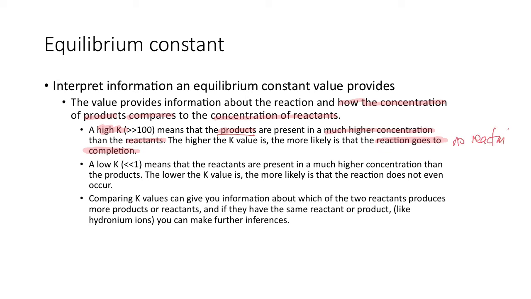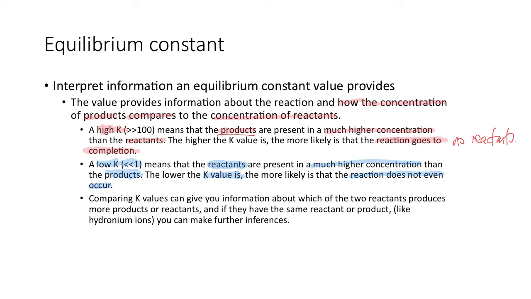A low K value means that the reactants are present in a much higher concentration than the products. So effectively you have lots and lots of reactants. The lower the K value is, the more likely that the reaction does not even occur.